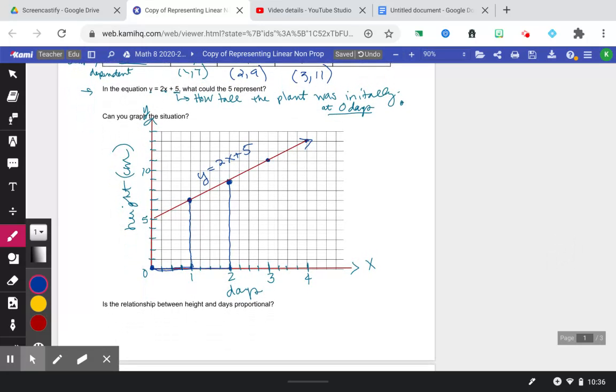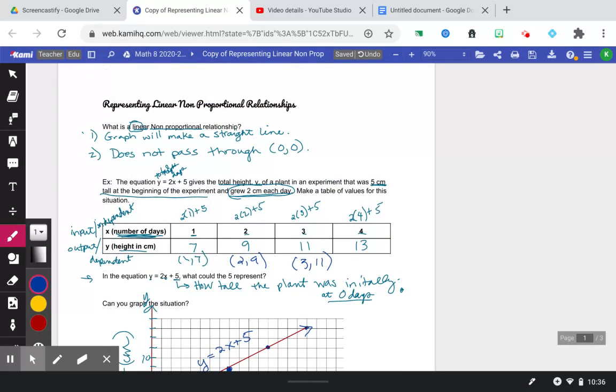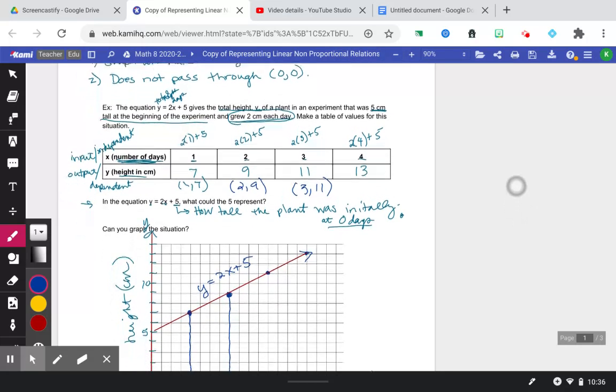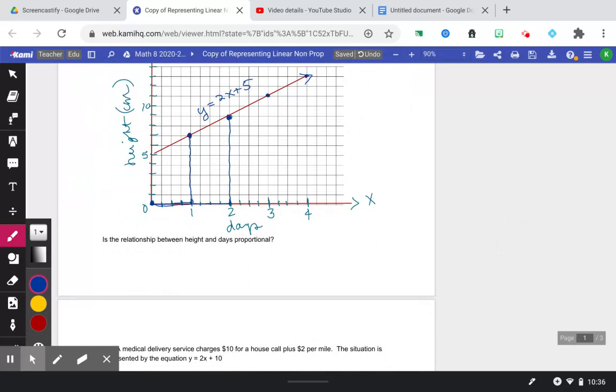All right, is the relationship between the height and the days proportional? Okay, so remember the first two things that we wrote down. If something makes a straight line and it does not go through 0, 0, then that will be considered non-proportional. So I would say the data is non-proportional.